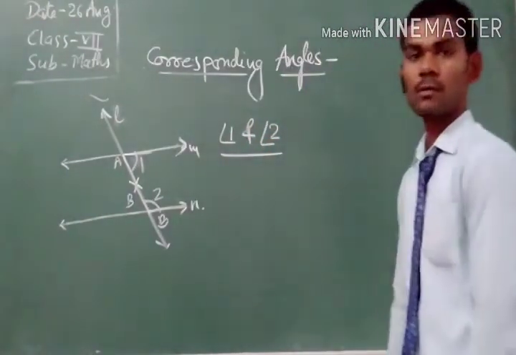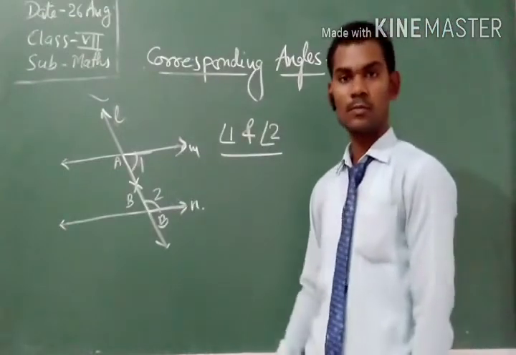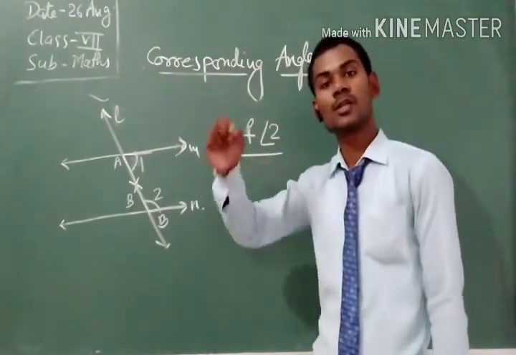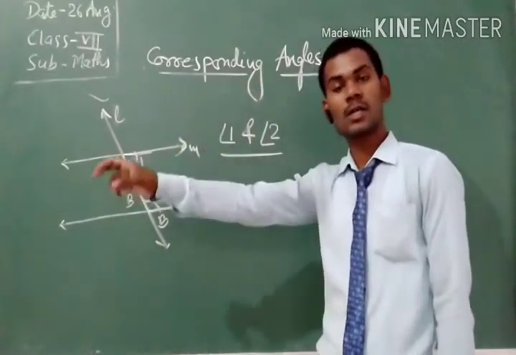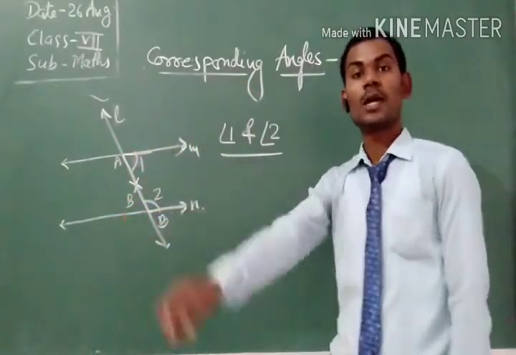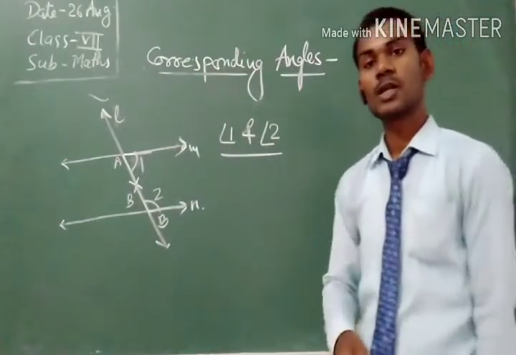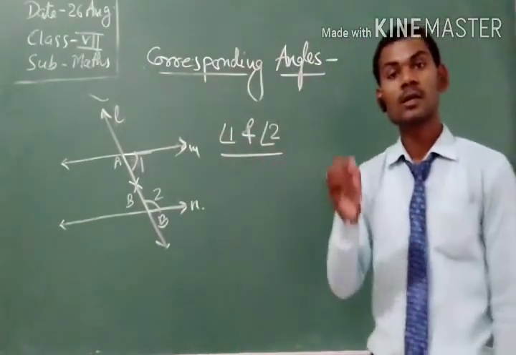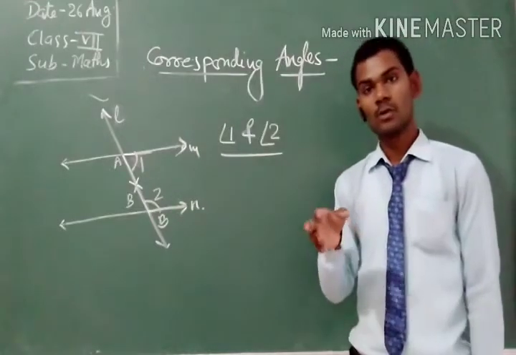If somebody asks why, then your answer will depend entirely on the definition of the corresponding angle. Without the definition of the corresponding angle, we cannot explain why these two angles are corresponding.